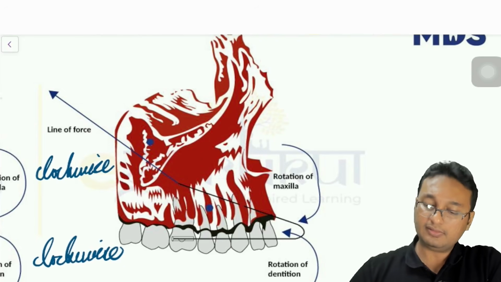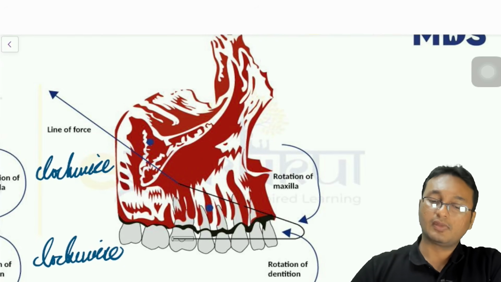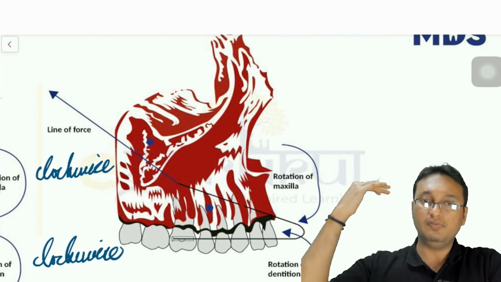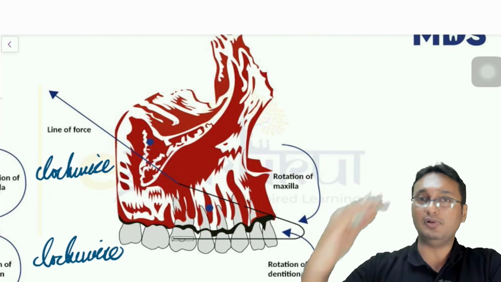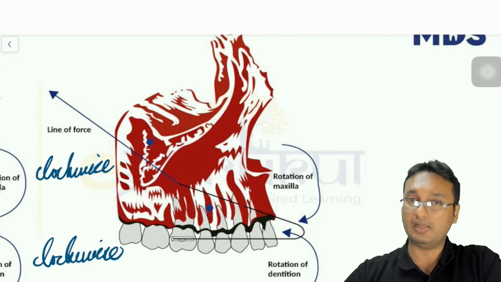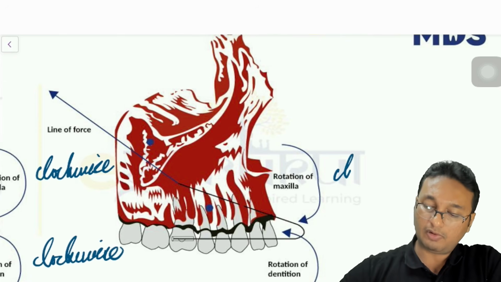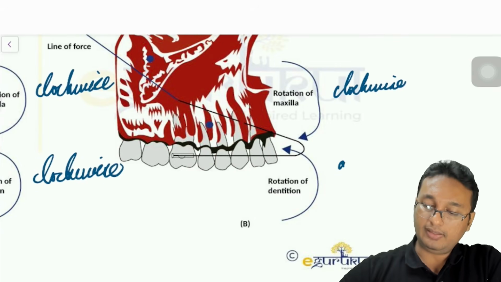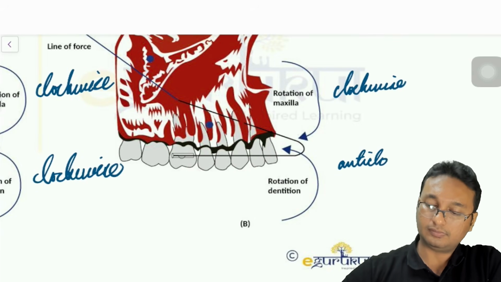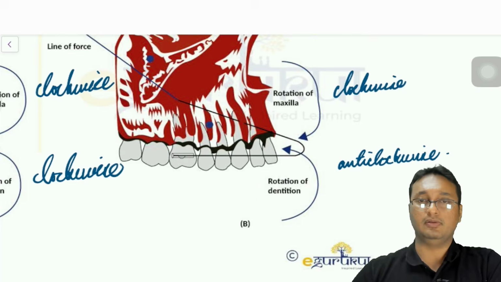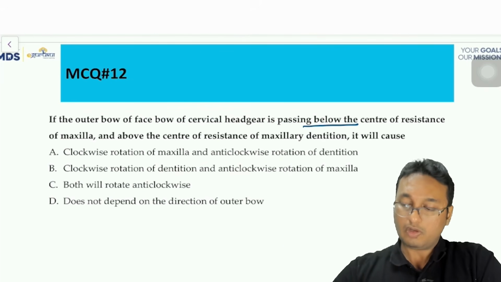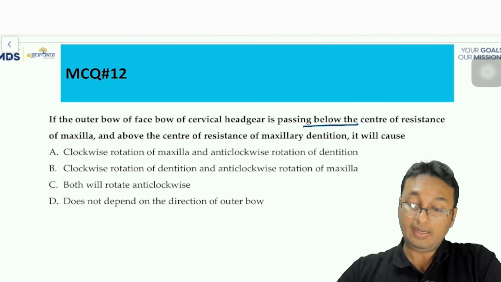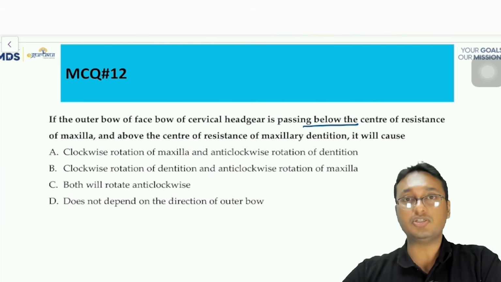But in the second case, even though the line of force is passing above, so most probably this is a high pull headgear, and the previous one was a cervical pull headgear. Again, we'll observe clockwise rotation of the maxilla and anti-clockwise rotation of the maxillary dentition. Okay, now let's take a look at the options. Clockwise rotation of the maxilla and anti-clockwise rotation of the dentition.